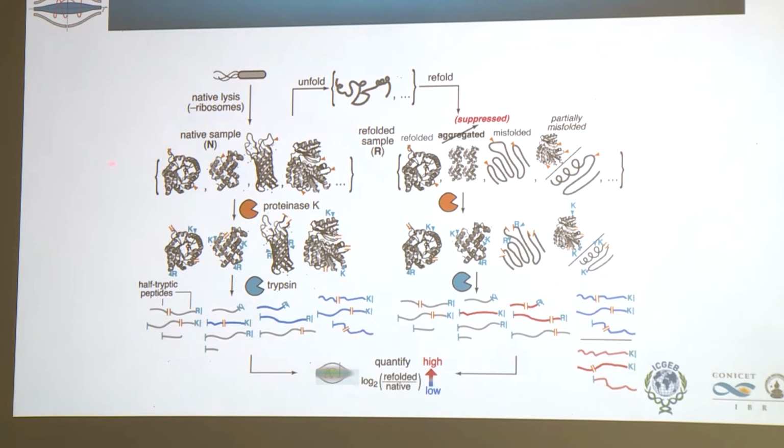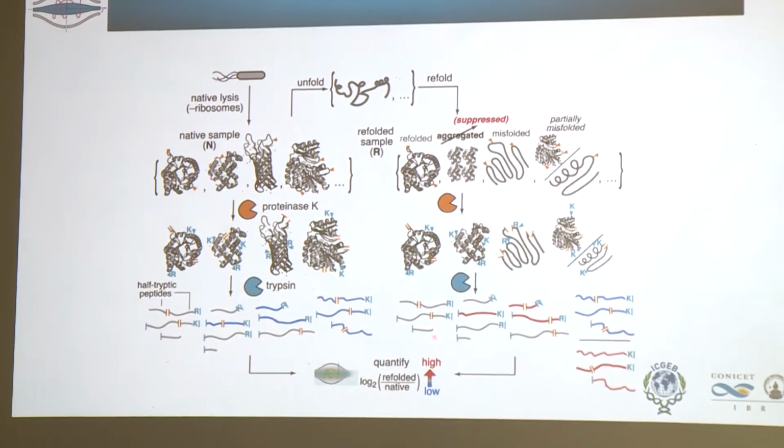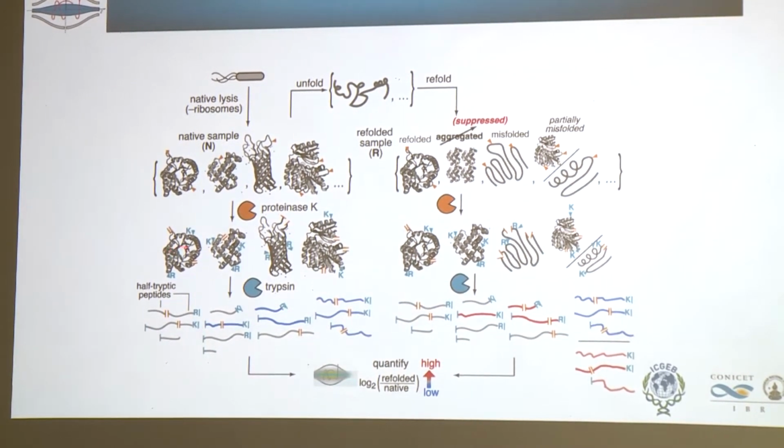In the normal proteome you will have places where the protease cuts the properly folded proteins, which you need to identify. This will be one of the samples. And then in the refolded proteome, the proteins that refold will give you the same peptide pattern as the normally folded proteins.